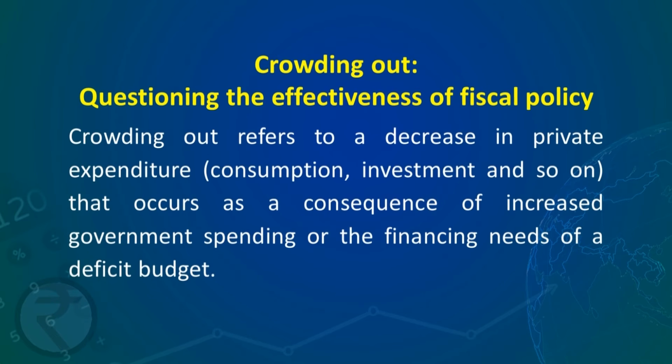Now, what is crowding out? Crowding out refers to a decrease in private expenditure, consumption, investment and so on that occurs as a consequence of increased government spending or the financing needs of a deficit budget.